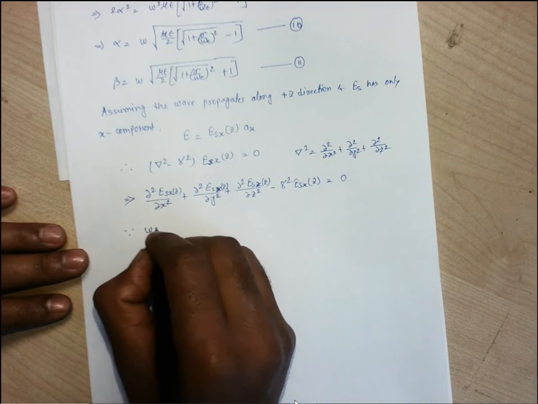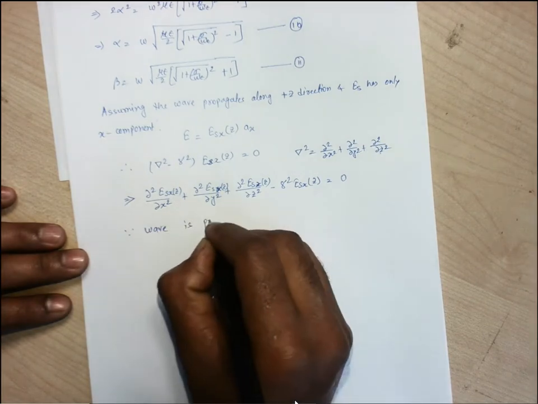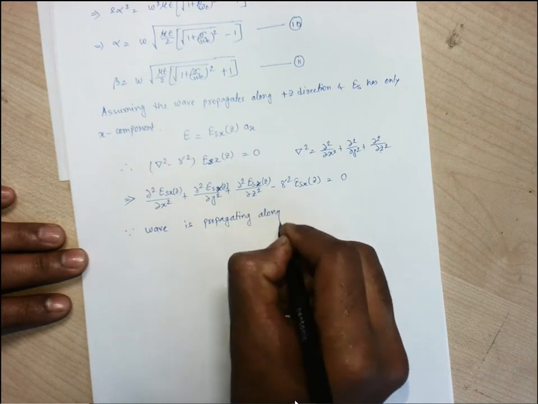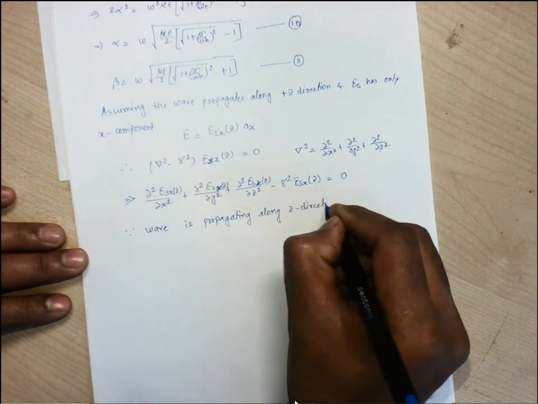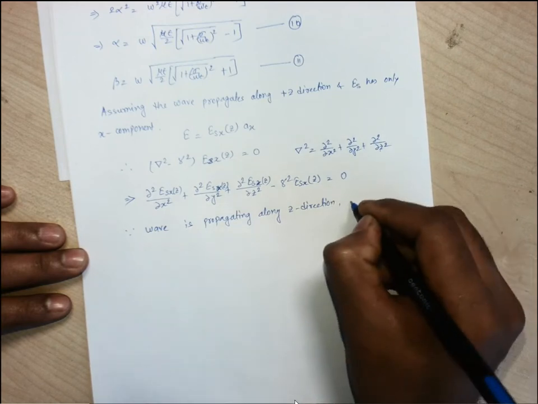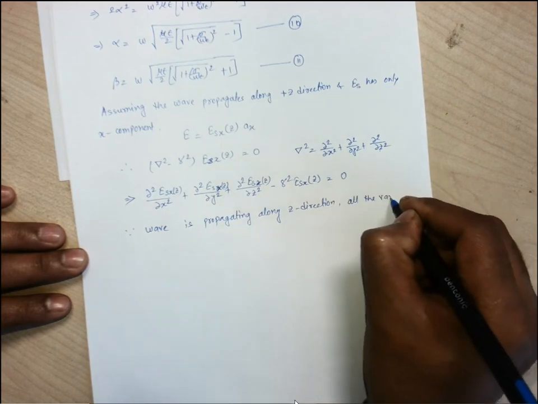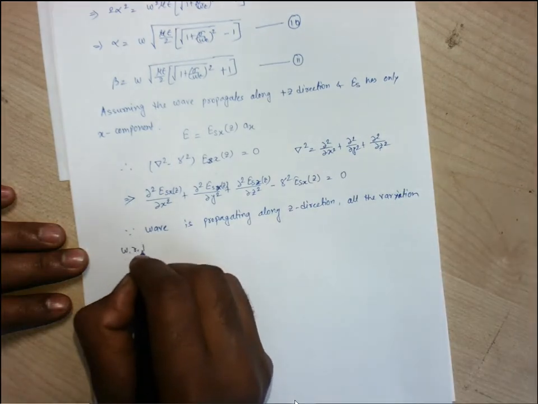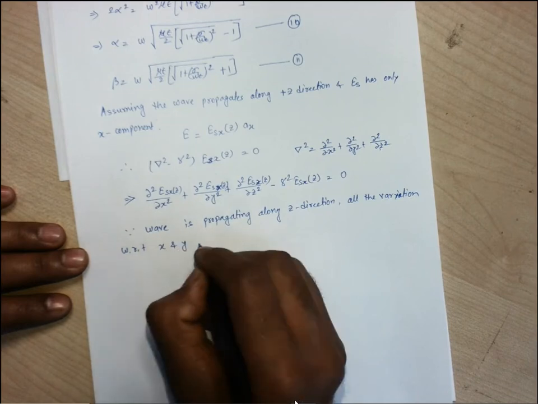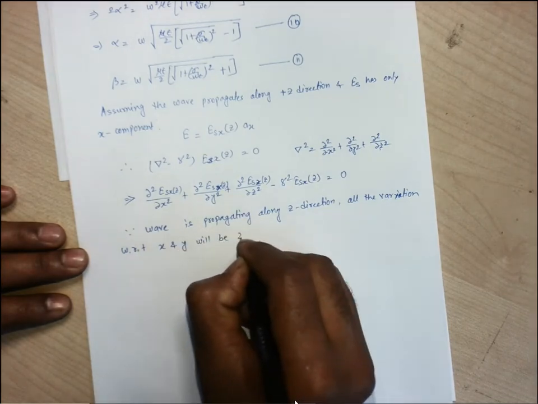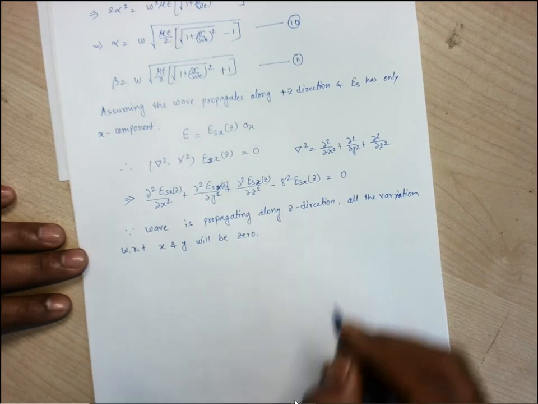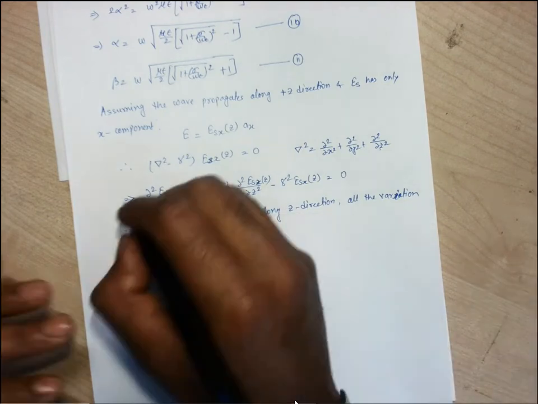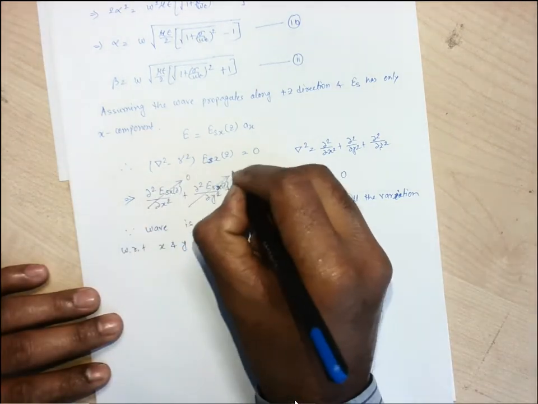Since wave is propagating along z direction, all the variation with respect to x and y will be 0. So we can take out this one as 0, this one as 0. Why?